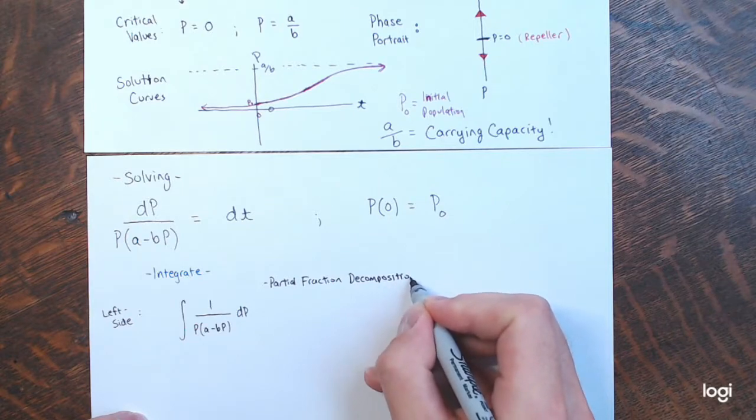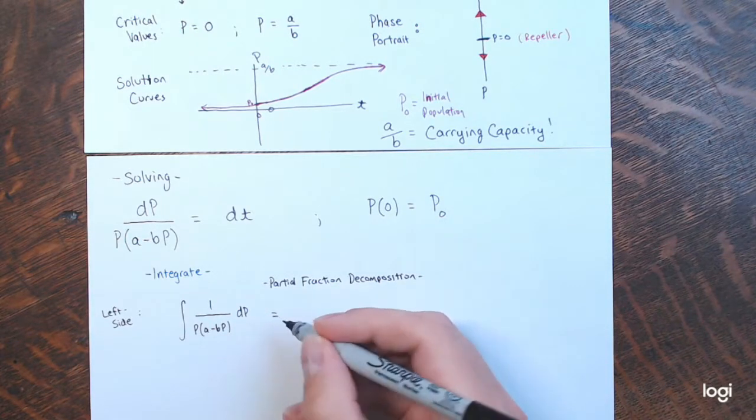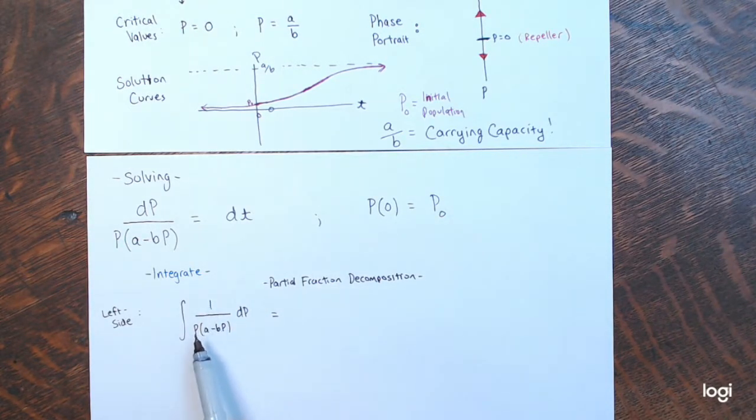Hopefully you recall this from maybe a Calculus 2 course. So you would break up 1 over p times a minus bp into the sum of two fractions, one with a denominator of p and the other with a denominator of a minus bp, and you'd end up with this.